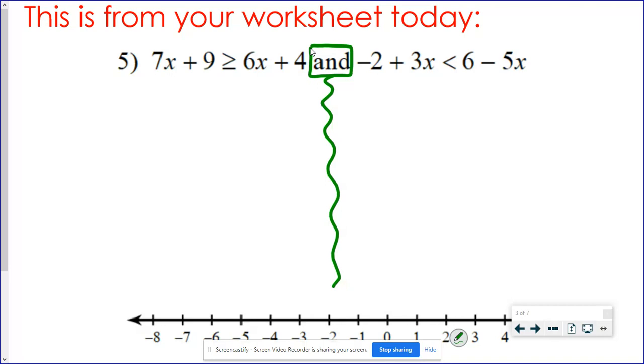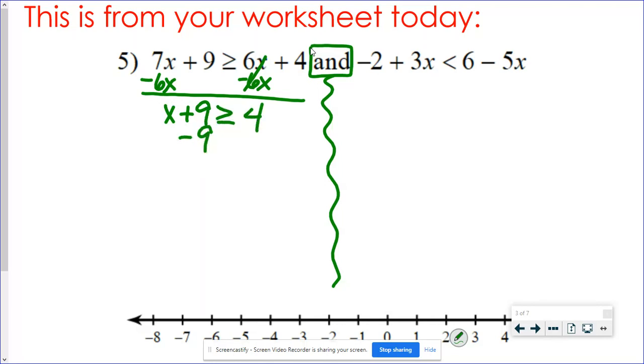This problem, though, has variables on both sides of the inequality, on the left problem and on the right problem. So I'm going to move my smaller variable, which is my 6x. So I would have 1x, or just x, plus 9 is greater than or equal to 4. So we'll get rid of our 9. X is greater than or equal to negative 5.